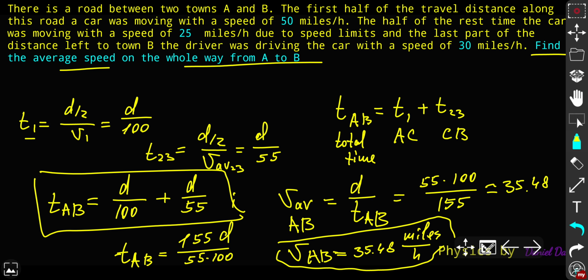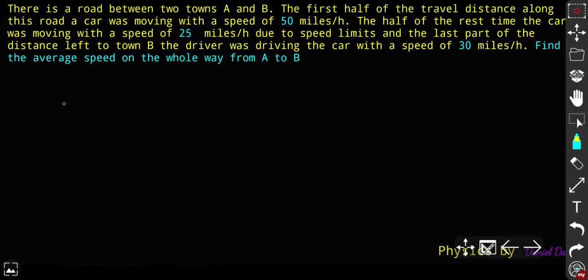If you want to compare, what if we just take the arithmetic mean? Let's have a look. That definitely will give a different answer. It will only coincide with your answer, the same way that I showed you here, in the case where the time intervals are equivalent to each other.